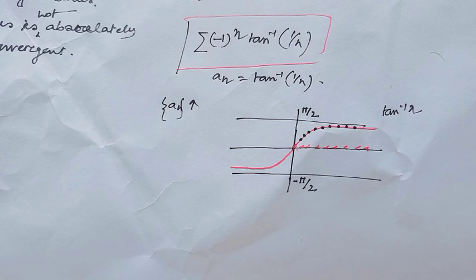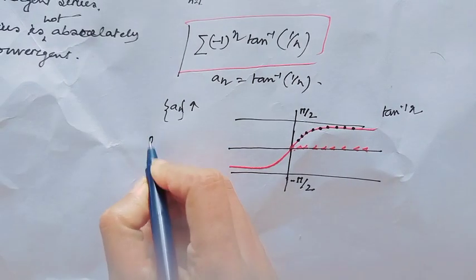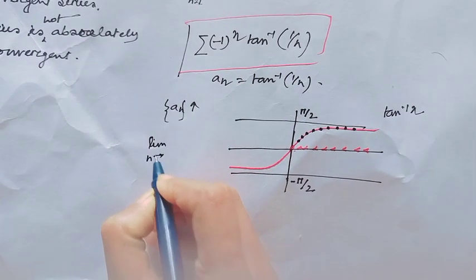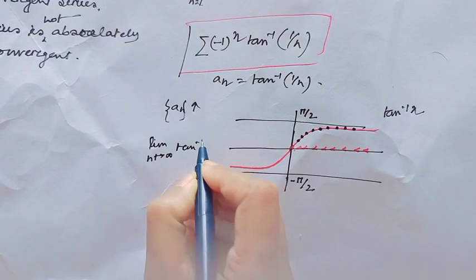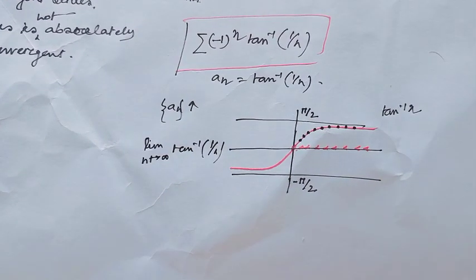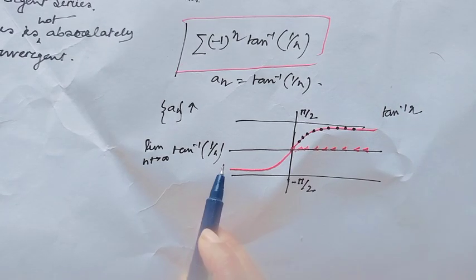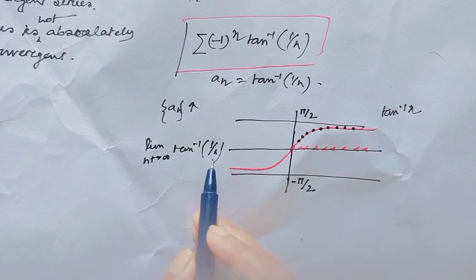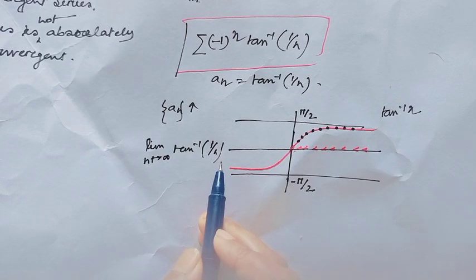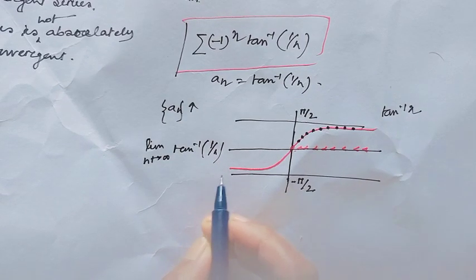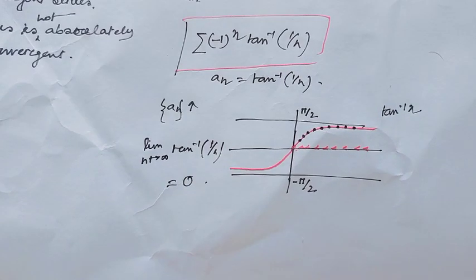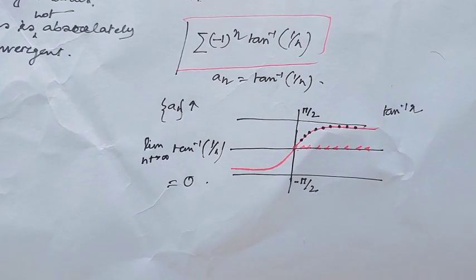And the limit as n goes to infinity of tan inverse 1 over n: since n goes to infinity, 1 over n goes to 0, and tan inverse 0 is 0. So the limit as n goes to infinity of tan inverse 1 over n is 0.